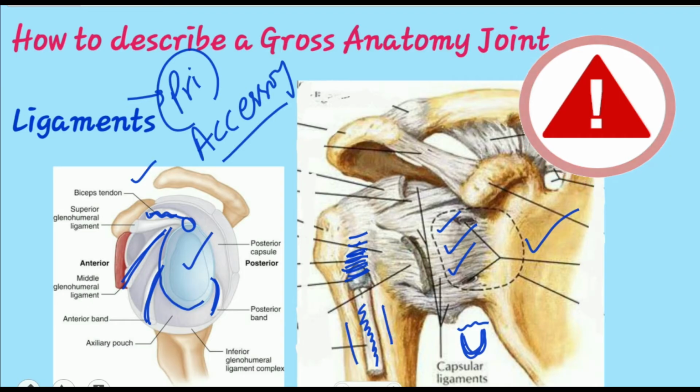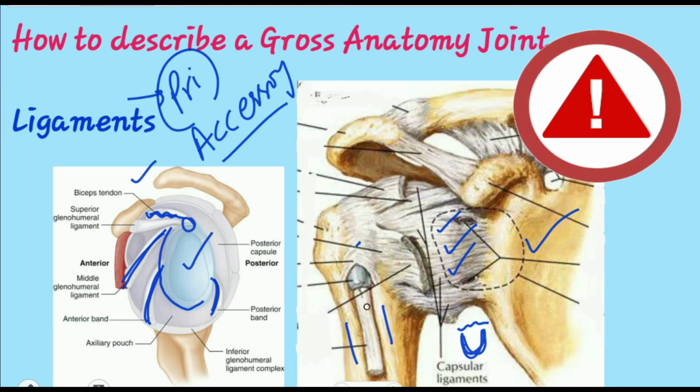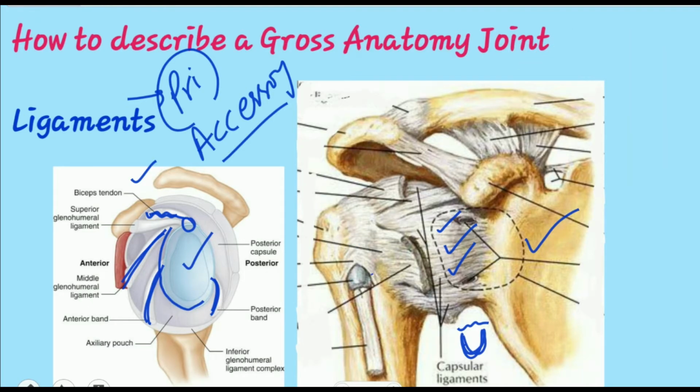It has to exit the joint cavity. Look here, it exits the joint cavity. The long head of the biceps exits here, but before the exit, it is present in the tunnel made by the transverse humeral ligament. The transverse humeral ligament is a thickening of the capsule. So the transverse humeral ligament is also a primary ligament of the shoulder joint.